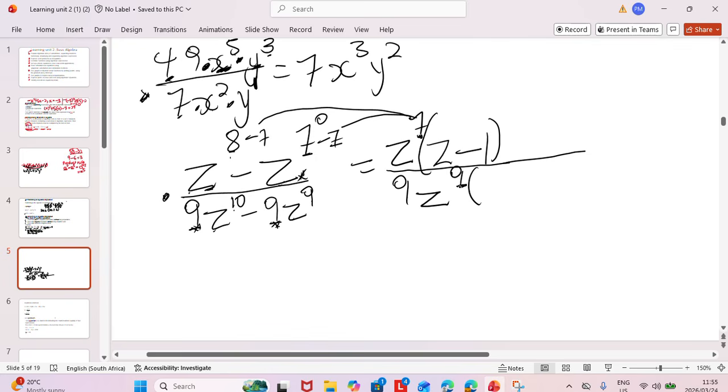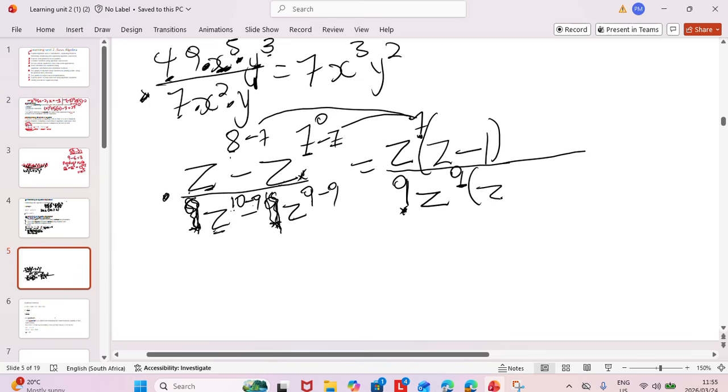Once you have the exponent there, 9, this is what you need to do. You take that exponent 9, then it's 10 minus 9, 9 minus 9 again. So once you take out this 9, guys, the one that I'm highlighting as a common factor, you can just disregard the 9 here. You no longer have 9 here and you no longer have 9. So it means now you only have z to the power of 10 minus 9.